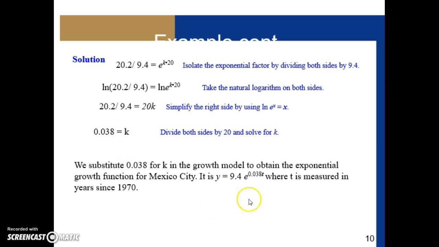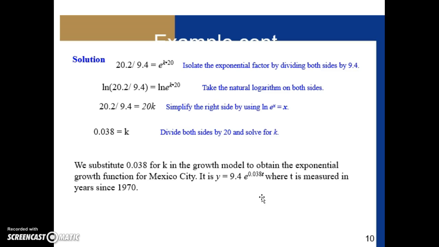So now we actually have the growth rate, and we have a well-defined model for this specific situation. We know that y naught is 9.4. We know that k for this particular problem, no matter how many things they ask us about it, or how many years they want us to use, or how many different pieces of information they give us, for this setup, k will always be 0.038, because the growth rate of this population is never going to change.